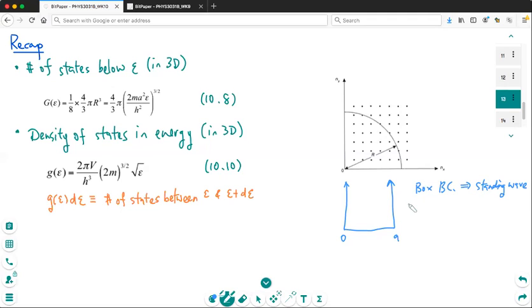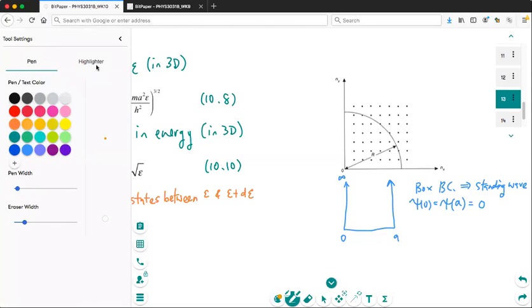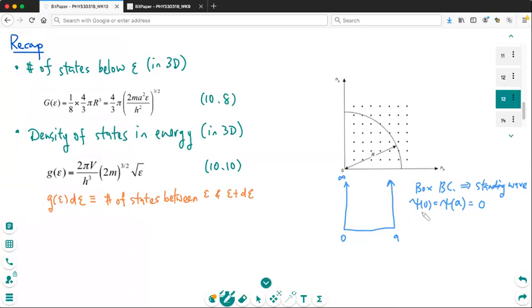What we want is the wave function at 0 has to vanish, and it has to vanish at A, which are both the boundary of the box. The particle cannot escape the infinite potential here. So this is one way to do that, and indeed I went through this process.